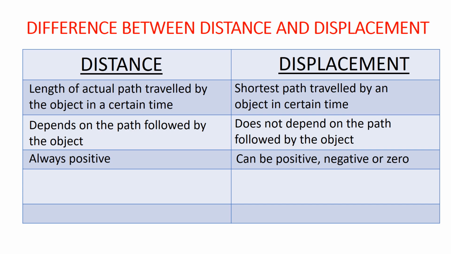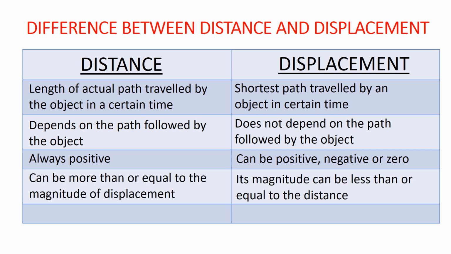You have seen the examples where displacement becomes positive, negative, and zero. Now, distance is usually more than or equal to the magnitude of displacement. But for displacement, its magnitude can be less than or equal to the distance.